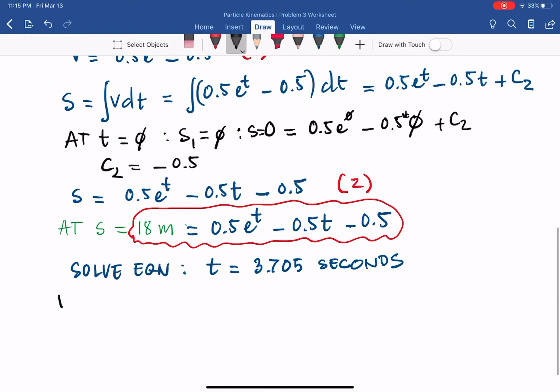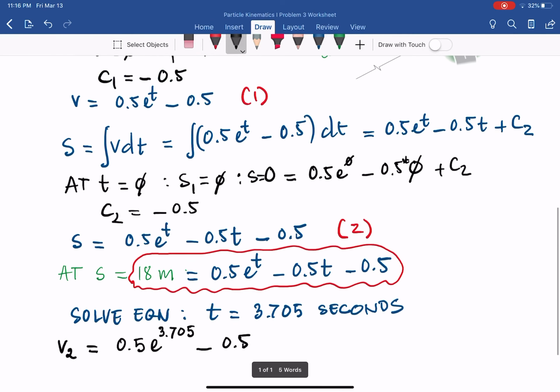So as you can see, v, after 18 meters of travel or 3.705 seconds, I can plug into the equation, v equals 0.05 e^t minus 0.5.